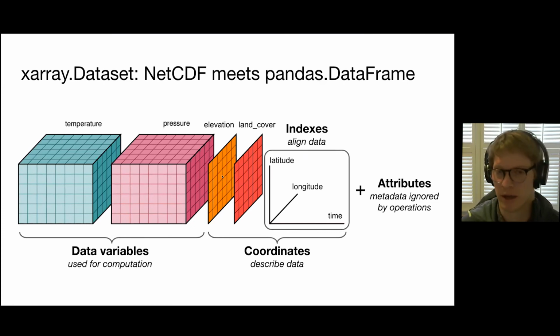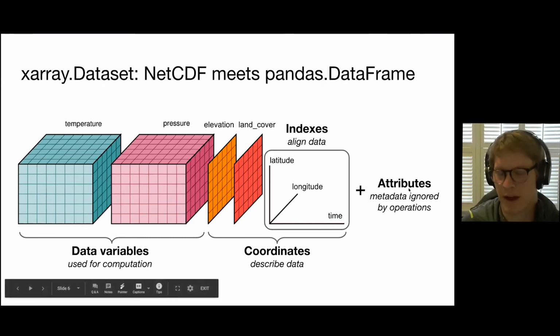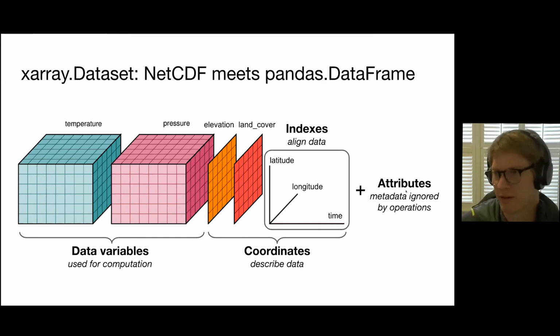In present-day Xarray, those are pandas indexes that we assign to specific dimensions. You can also have multi-dimensional coordinates, in this case elevation or land cover. And finally, there's the opportunity to assign metadata in the form of attributes to the data set as a whole.